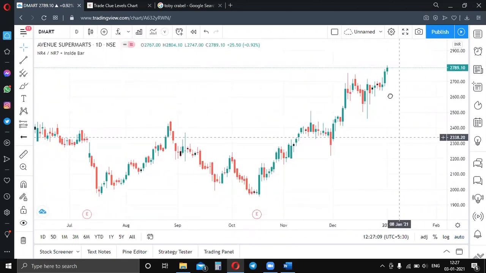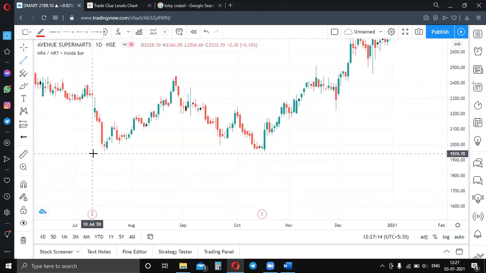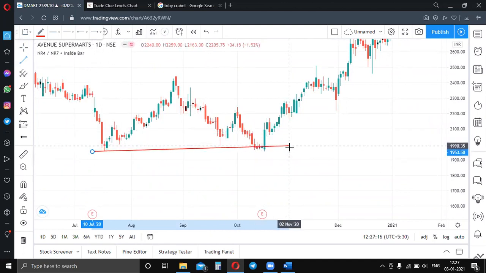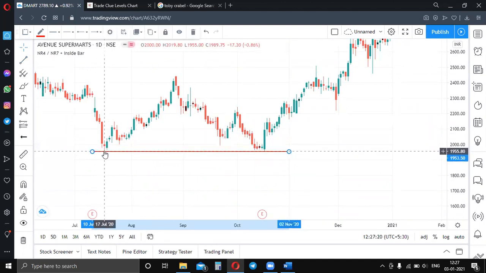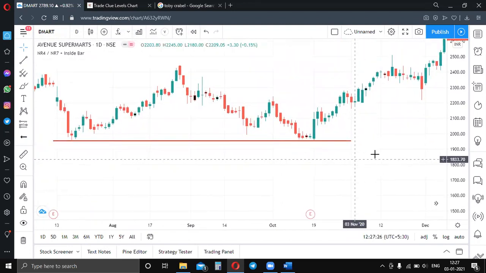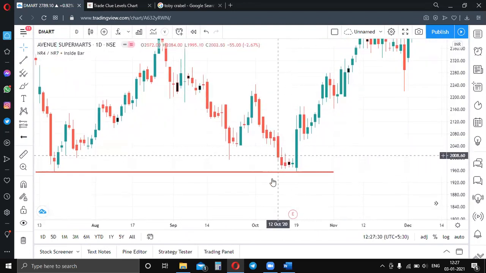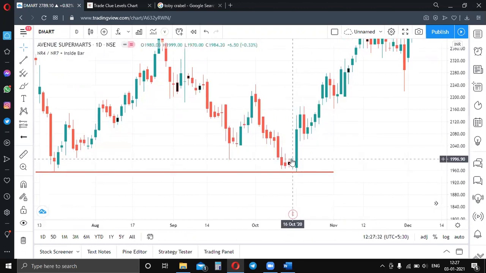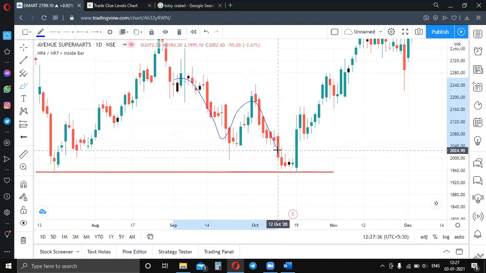This is DMart. What I got is a very good reference point. This was the previous support zone from where the stock bounced. Moreover, in that zone it started forming dojis, right? These are the dojis where a very good follow-up selling happened.